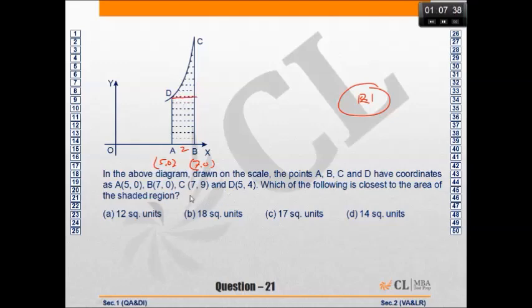C is 79 and D is 54. So this is 4 and this is 9 minus 4, 5. So this is 8. If I just extend this, this will be 10, but it has to be less than half, so 13. 8 plus 5, 13. My answer should be less than 13.